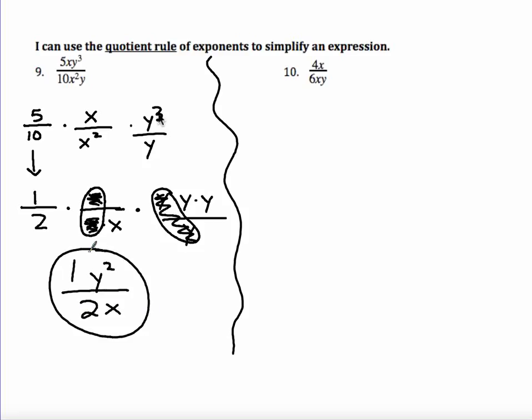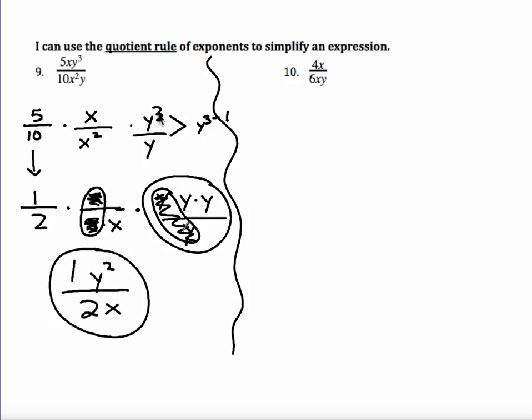Hopefully we can see here that if I just looked at the exponents, y to the 3 minus 1 power gives me that y squared right here. So you don't have to write all of these out every time, but if it helps you see what will cancel for each of your fraction pieces, go ahead and write them out. It won't make it wrong.